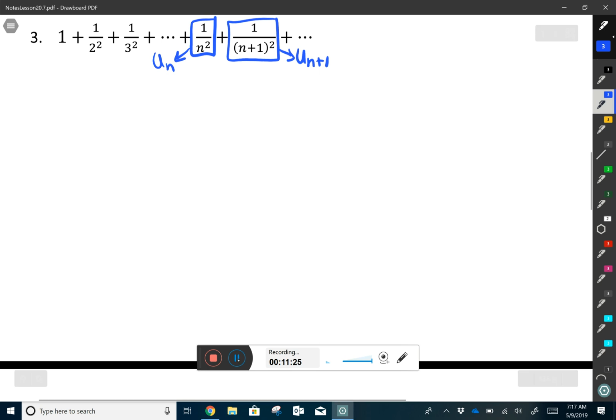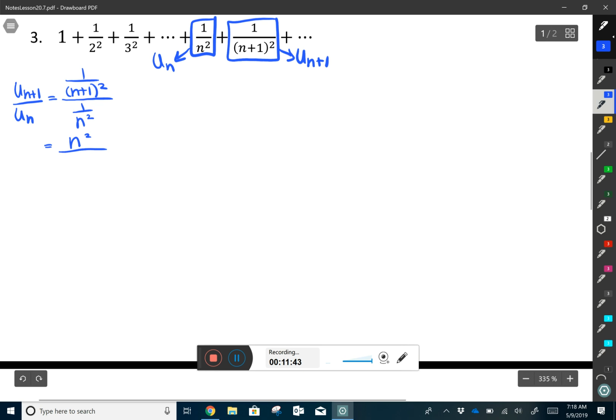So we're calculating first our ratio, u sub n plus 1 divided by u sub n. So 1 over the quantity of n plus 1 squared, all over 1 over n squared. Multiplying by the reciprocal, I end up with n squared over, I'm going to expand the n plus 1 quantity squared, n squared plus 2n plus 1.